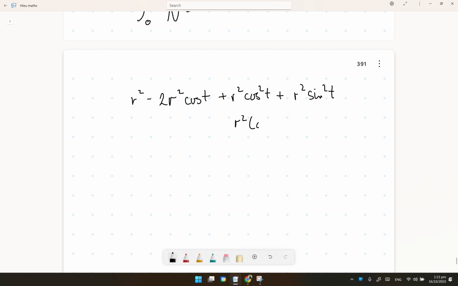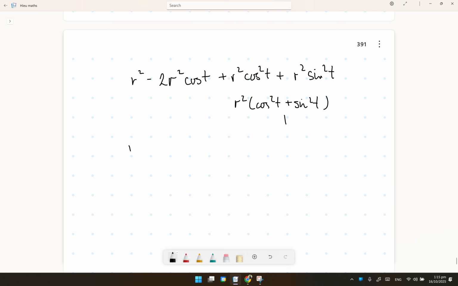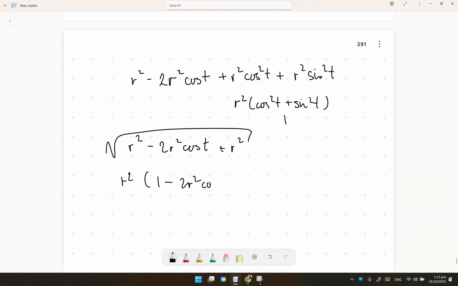It's going to be r squared times (cos squared t plus sin squared t), which is equal to 1, so this is simply r squared. So let's rewrite the equation: r squared minus 2r squared cos t plus r squared. Technically we can take r squared out: 1 minus 2 cos t plus 1. So that's going to be 2 minus 2 cos t.